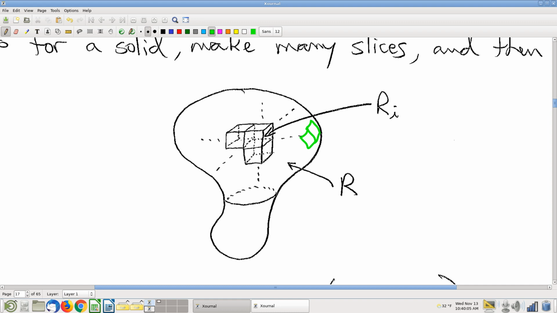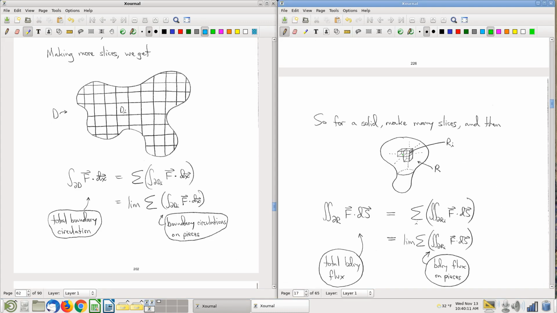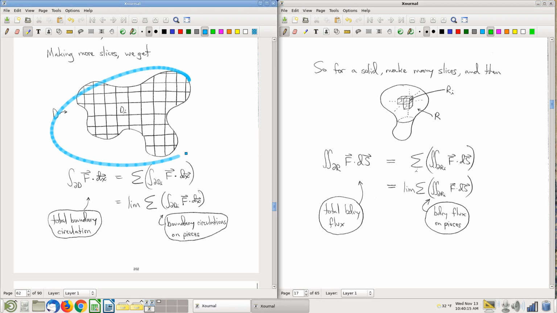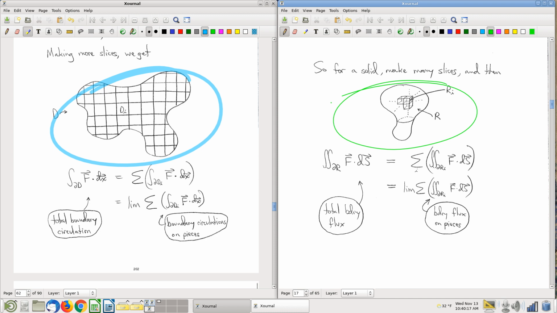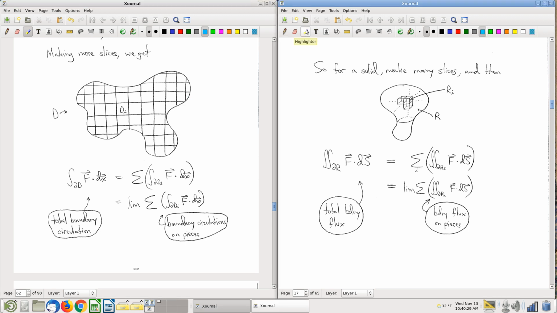Okay. All right. So, back to the sort of comparison mode here. Notice the strength of the analogy. I mean, here we're chopping up a two-dimensional region. Here we're chopping up a three-dimensional region. In all cases, those interior pieces disappear. So let's see here. I wanted to switch to that mode here.